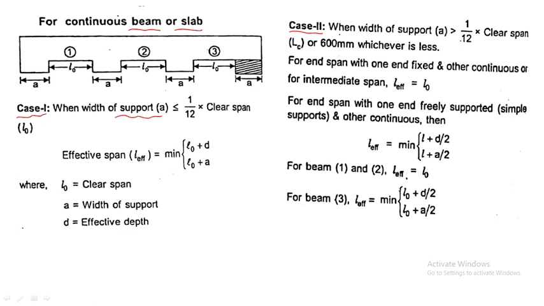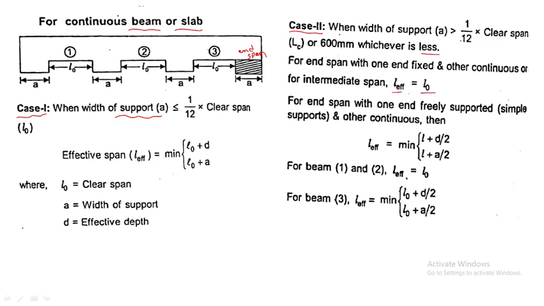In case 2, when the width of the support is more than L by 12 or 600 mm, whichever is less, then for the end span with one end fixed, other end continuous, or for an intermediate span, L effective is equal to L0, that is the clear span.